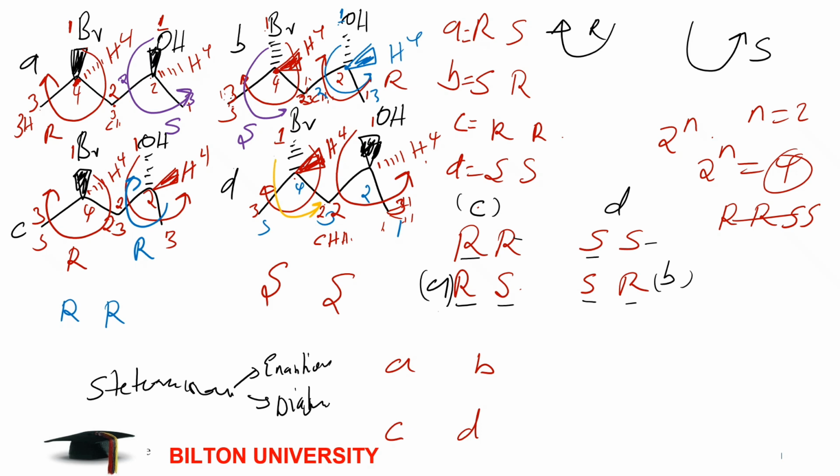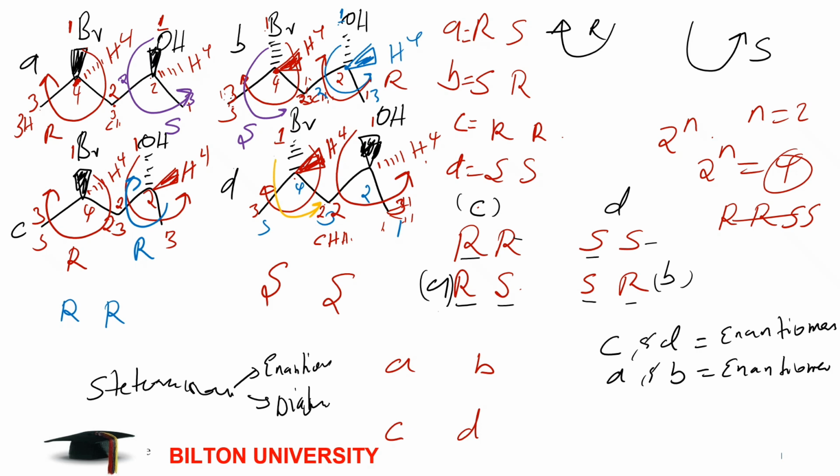When a chiral carbon changes from one configuration to another, it becomes enantiomers. So we can say that C and D are enantiomers. And also A and B are also enantiomers.